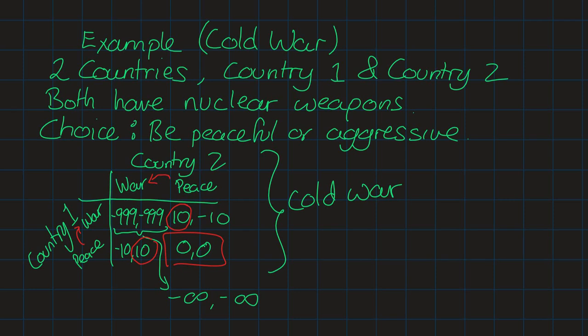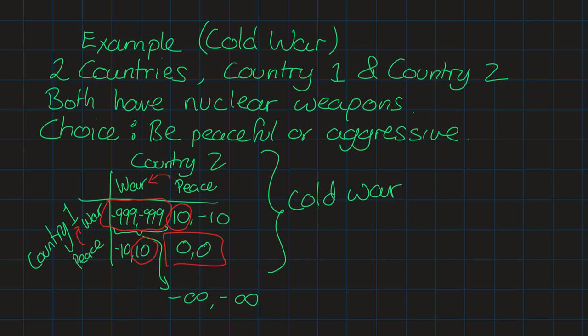And the best response for Country 2, if Country 1 is peaceful, is for Country 2 to declare war. But the issue is, if they both declare war, you end up in this situation here, where everyone dies. Okay? But mathematically, that's what the best responses say.